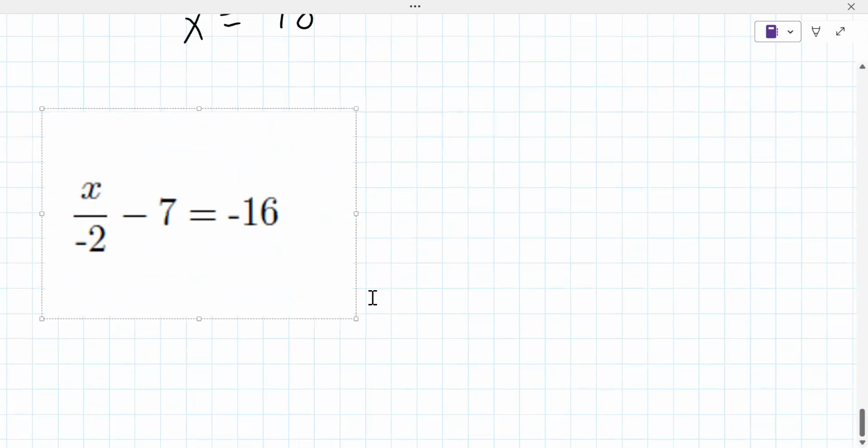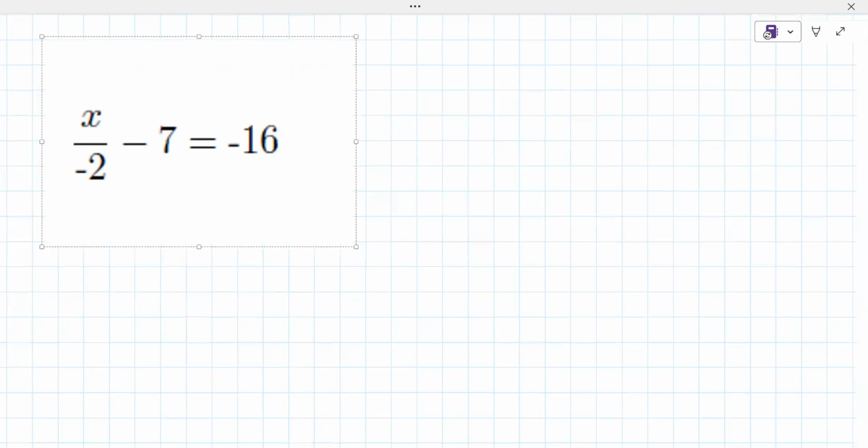Go ahead and work that out and let me know what you come up with. Is it x equals 18?